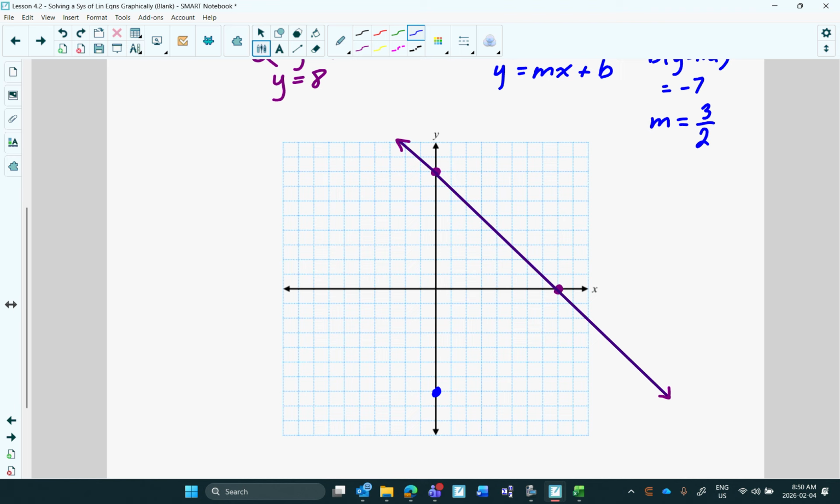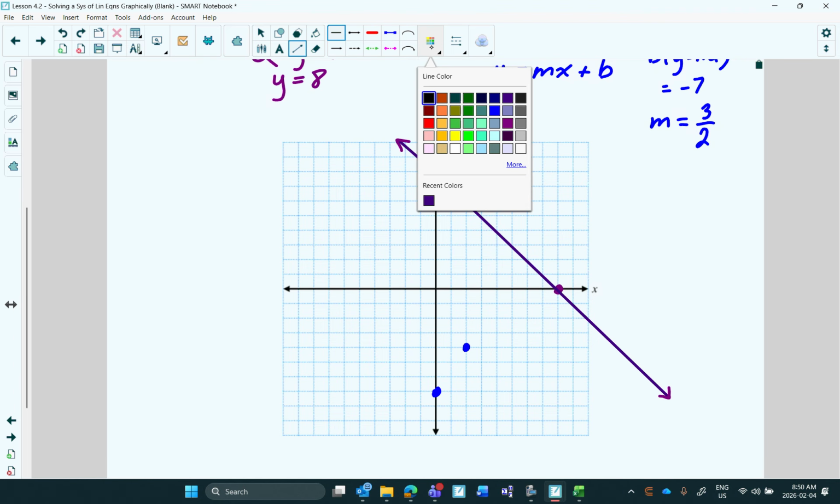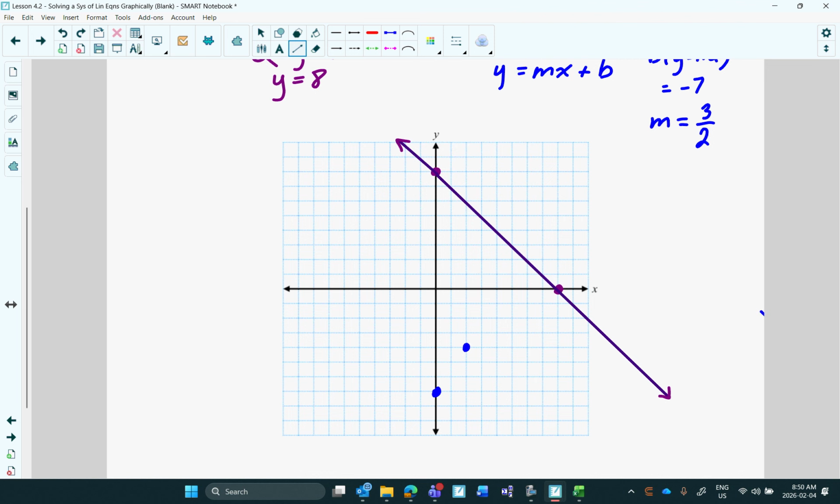Rise 3, so up 3. Run 2, so to the right 2. Up 3 to the right 2 puts me here. Draw as straight a line as you can through it. So I draw a line like that.